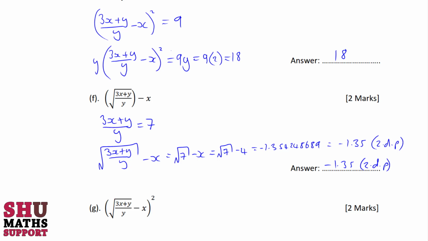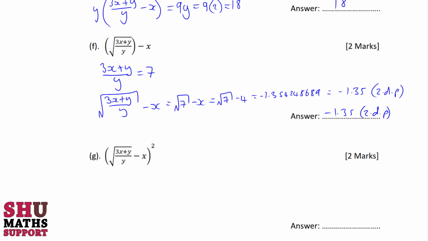Now the next question is what we have above, but the whole thing is squared. So again, let's write down what we already have. We already have that 3x plus y over y, all square rooted, and then subtracting x is equal to, and what we'll do, we'll leave it in its whole form, so we'll do the square root of 7 minus 4. And what we want to know is, what is 3x plus y over y square rooted minus x all squared?